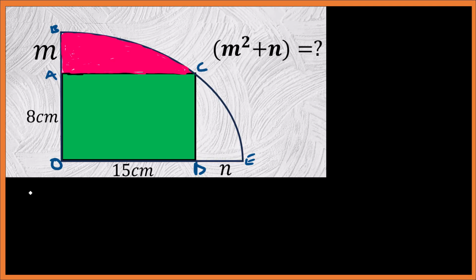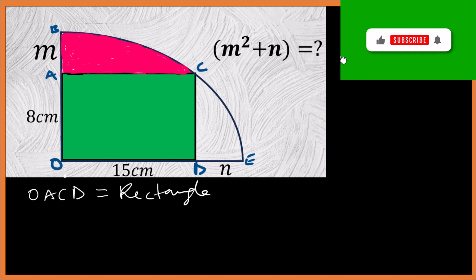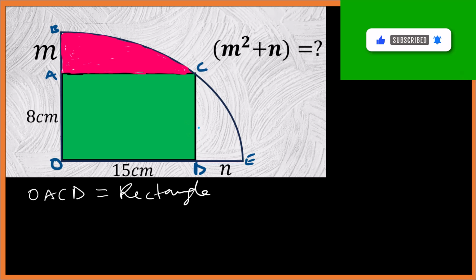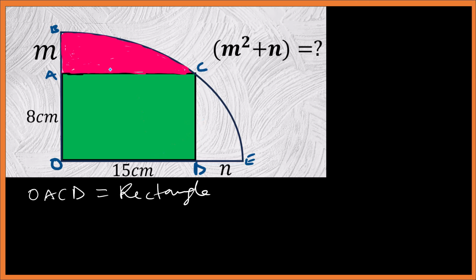If you observe it carefully, you can see that OACD is a rectangle. Now, if that is the case, the two opposite lengths are equal. So we have this side being 15, and this side will be 8 centimeters.